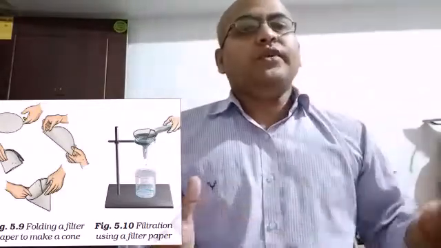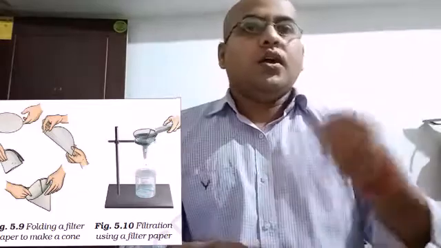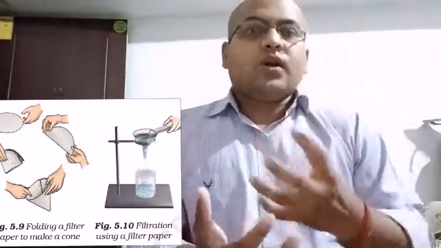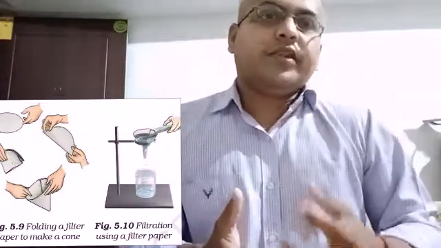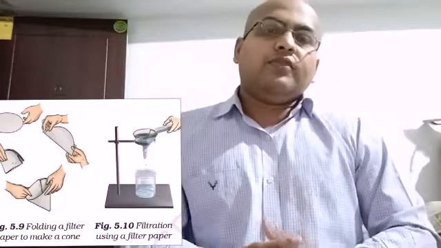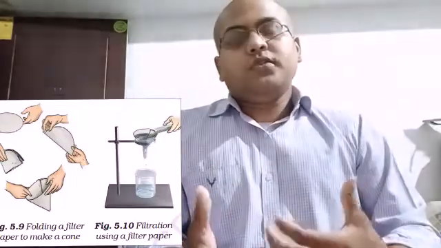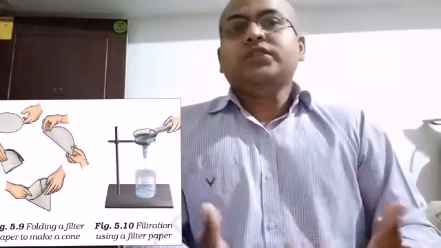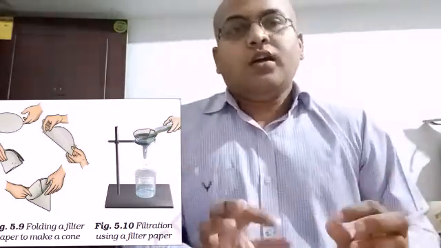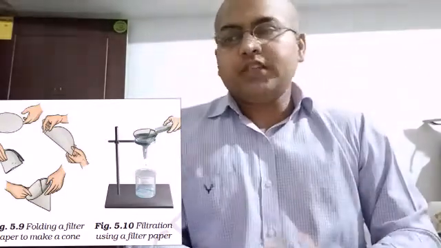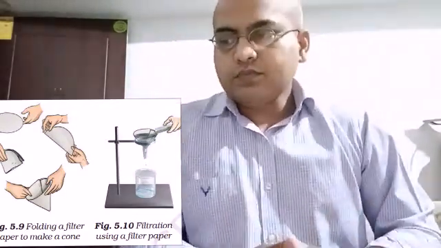This is how we separate the dust from the water, and we get almost clean water from this process called filtration. This process is very helpful at the time of making juice or vegetable juice. We use this process to remove the fruit pulps or vegetable pulps and seeds from these juices.